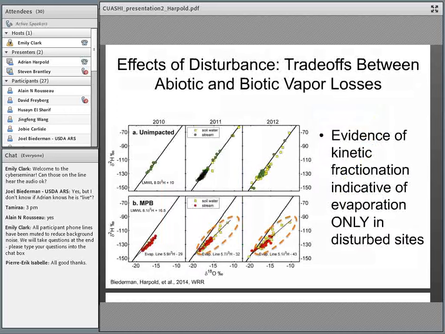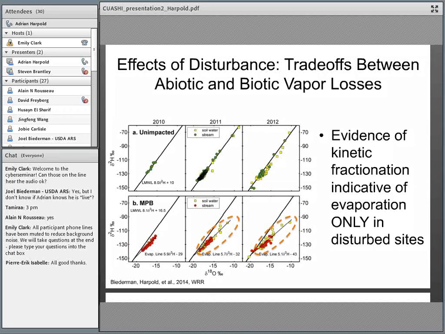And I won't spend too much time on this figure, but what it's showing is the water isotopes, O18 and deuterium, for our unimpacted site and our pine beetle affected site. And we're seeing evidence of kinetic fractionation and enrichment only at our mountain pine beetle site.